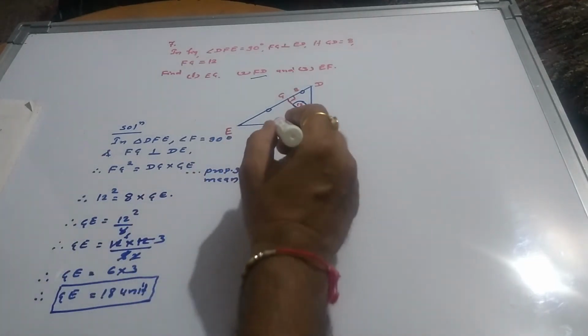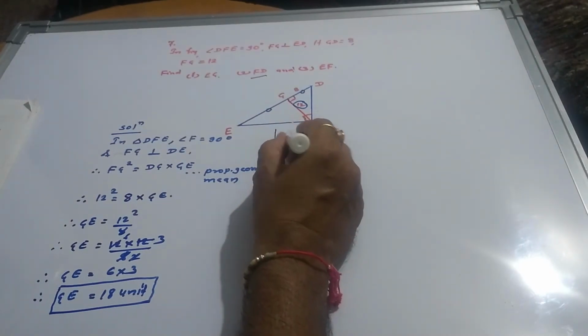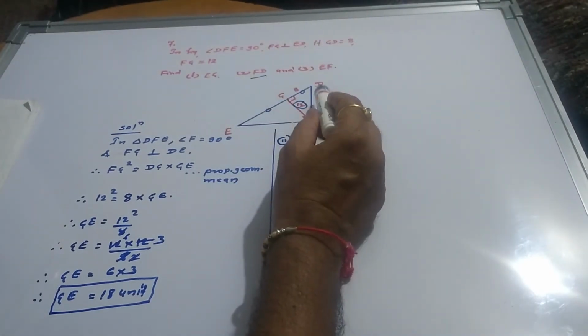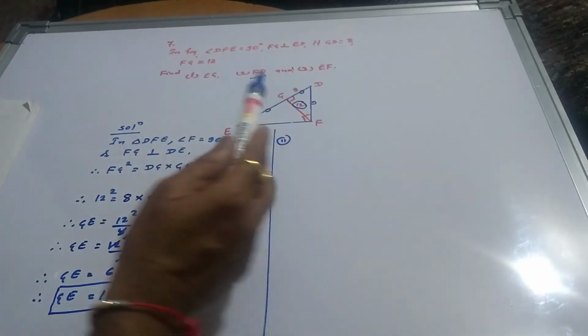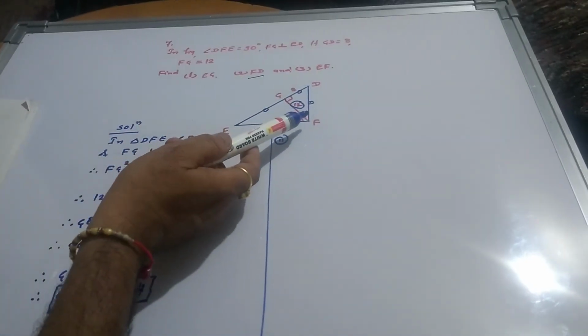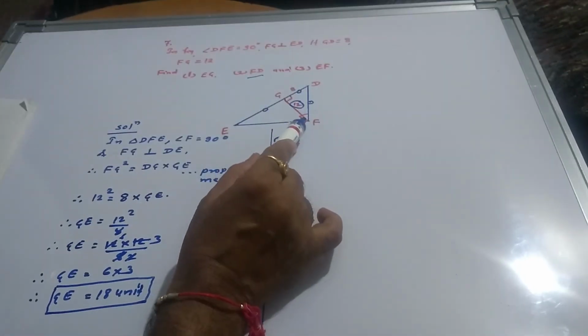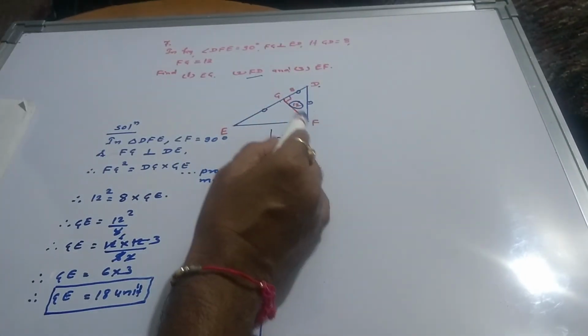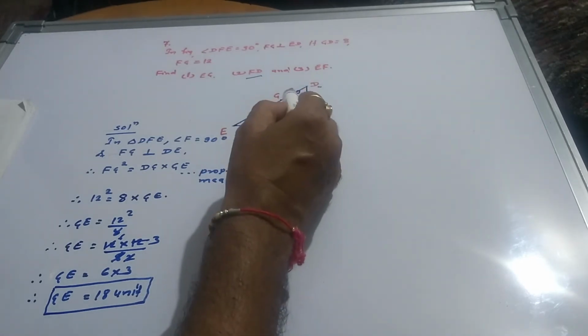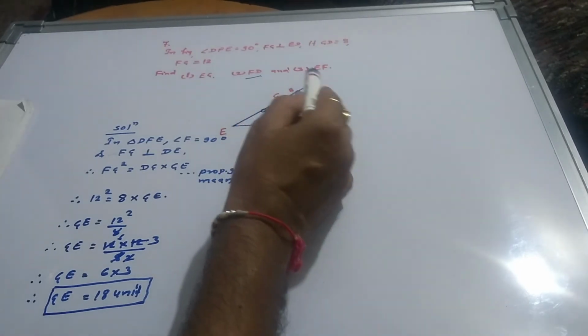Now second, to determine FD, means we have to find this. Now see this triangle FGD, angle G is 90 degree.